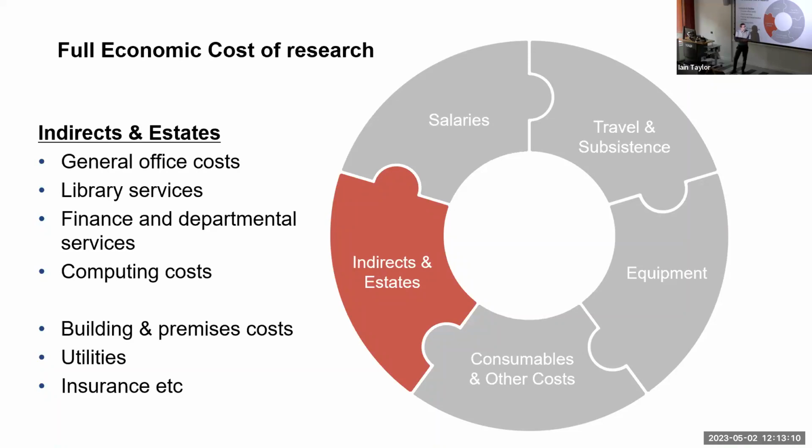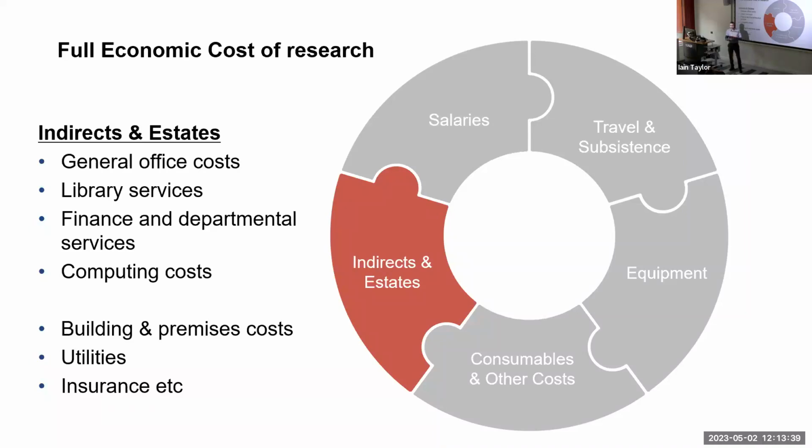Computing costs as well would be another example. And then the estates costs are things like the building and premises costs, utilities, and things like insurance as well. So indirects and estates are the two main categories of indirect costs within the full economic costing model that universities and funders use.